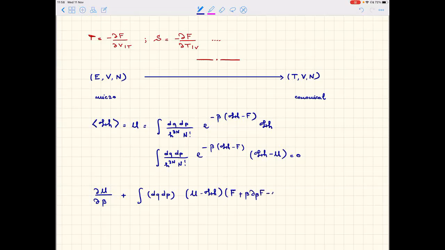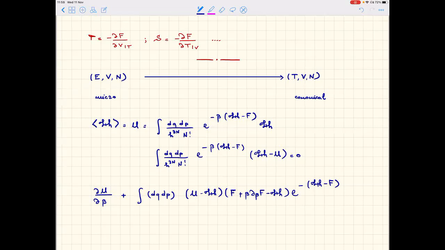Sorry. Yes? In the second line, is it just minus U or U multiplied by this integral? Oh, of course, it is U multiplied by the integral. No, because U is equal to this integral times H. So if we substitute.